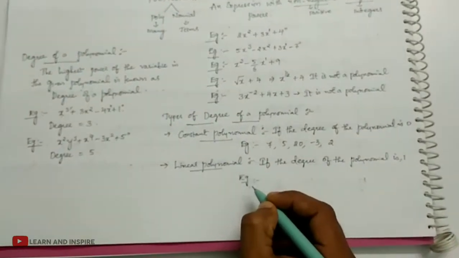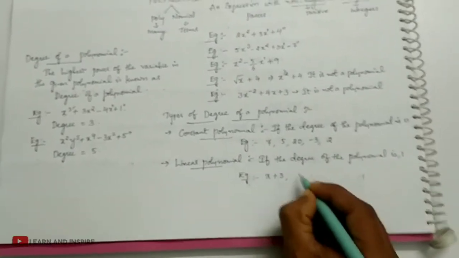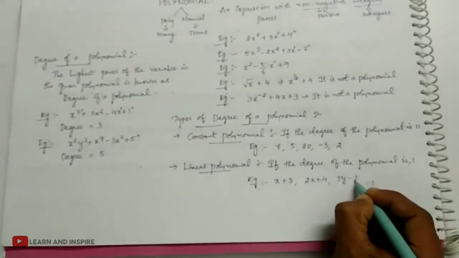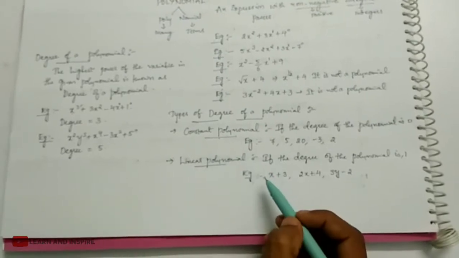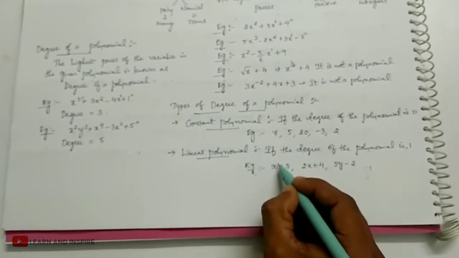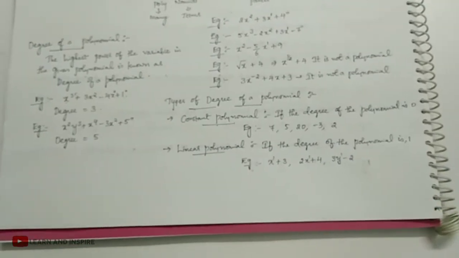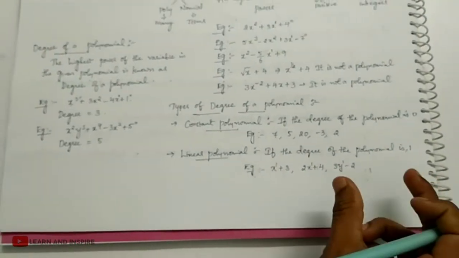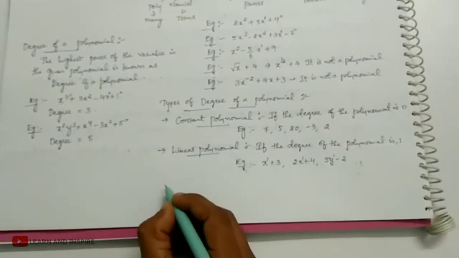One example: x plus 3, 2x plus 4, 3x plus 3y minus 2. So these are polynomials based on degree. In the given polynomial the highest degree is 1, then we can say that it is a linear polynomial.